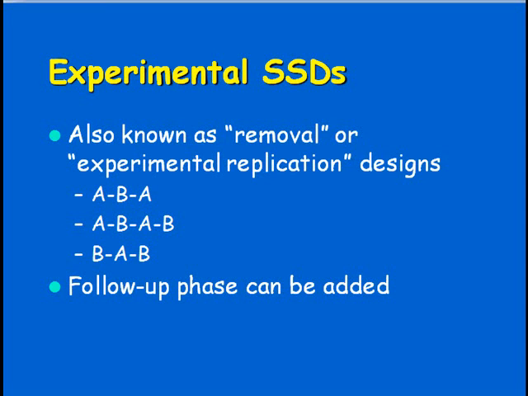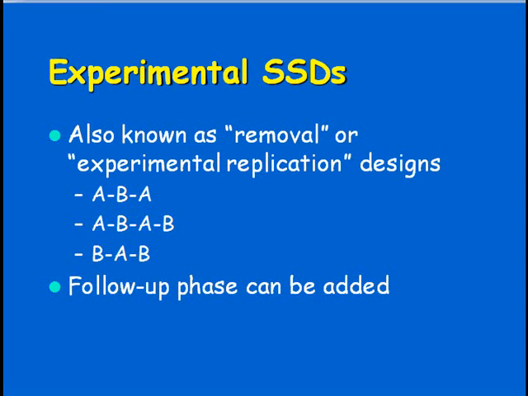The idea of experimental single system designs, as you'll see, is to have your baseline like with ABA, and then implement your intervention, and then remove your intervention and see if your problem reoccurs.